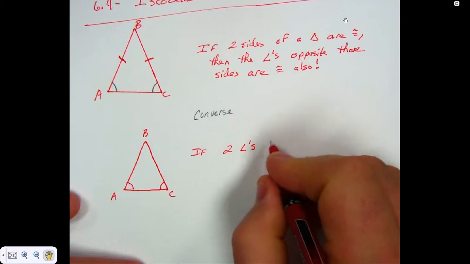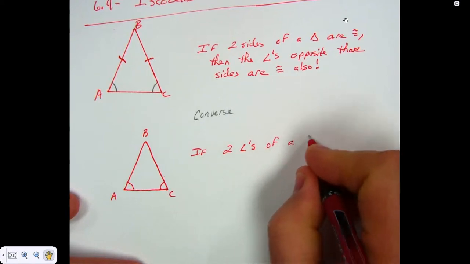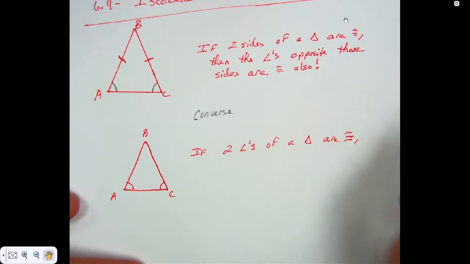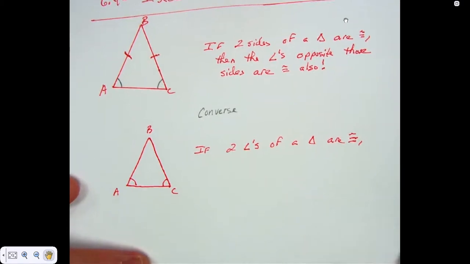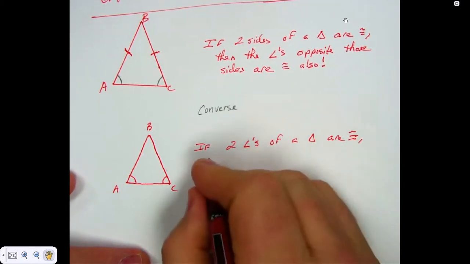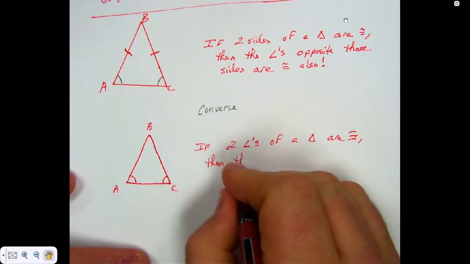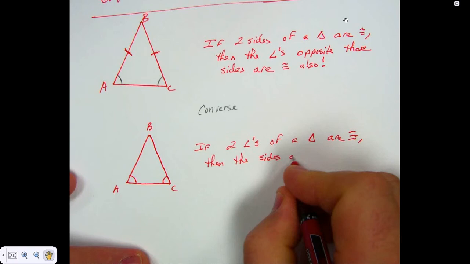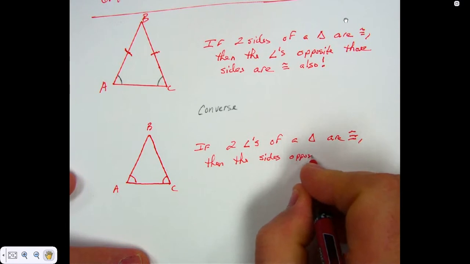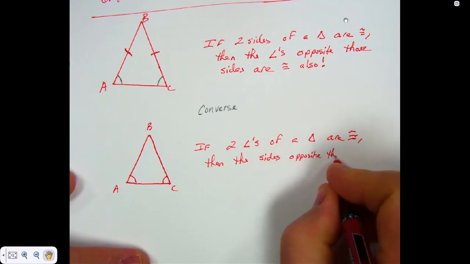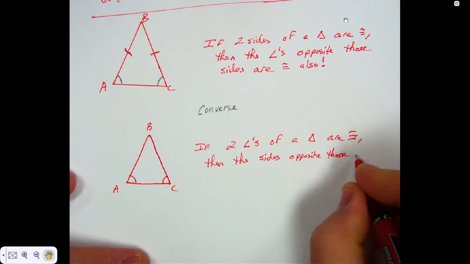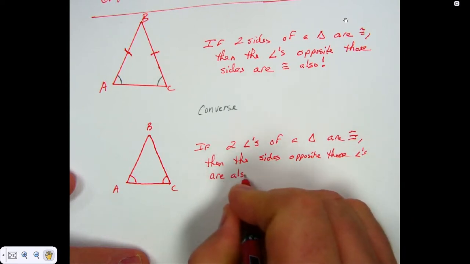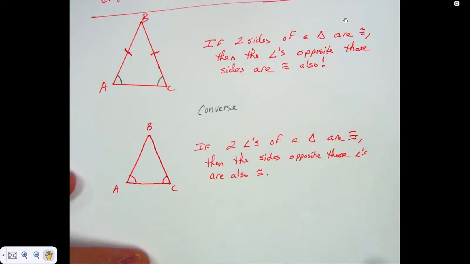If two angles of a triangle are congruent, hands have not warmed up yet, then the sides opposite those angles are also congruent.